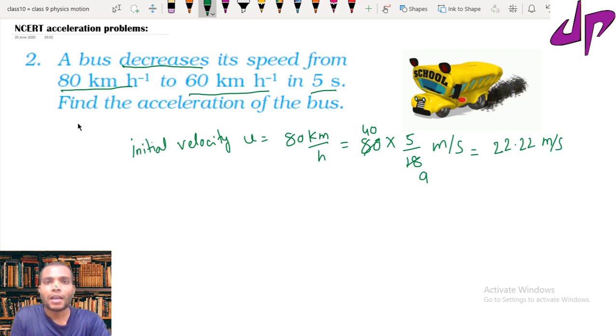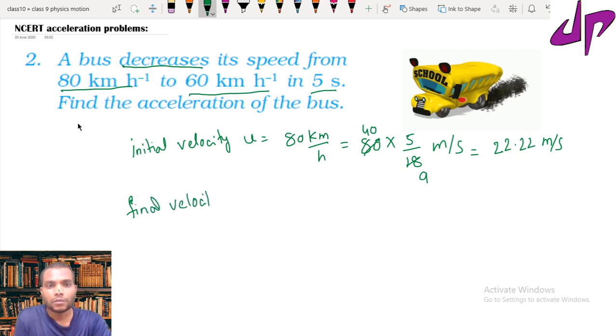What was the value given here in kilometer per hour? We converted into meter per second because acceleration units we will write in terms of meter per second. Similarly, u is the initial velocity 80 km per hour; after applying brakes the velocity decreased, so that we will take as final velocity.